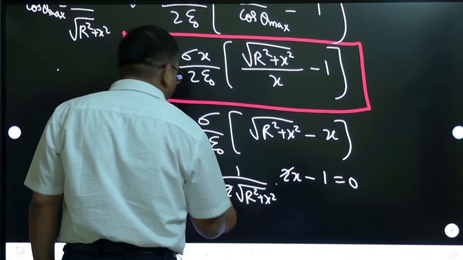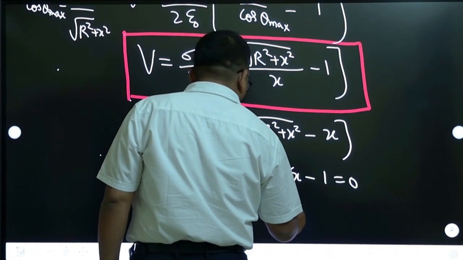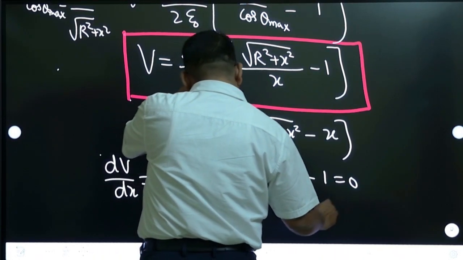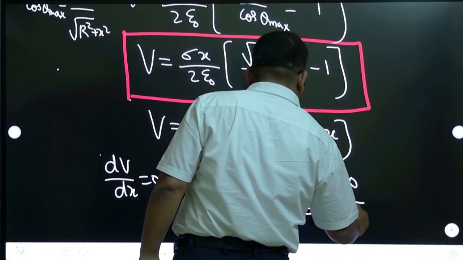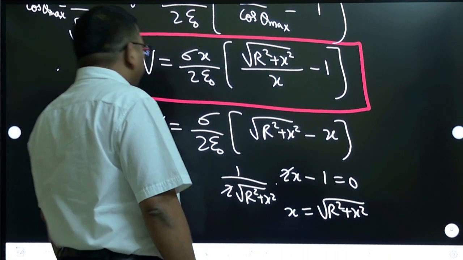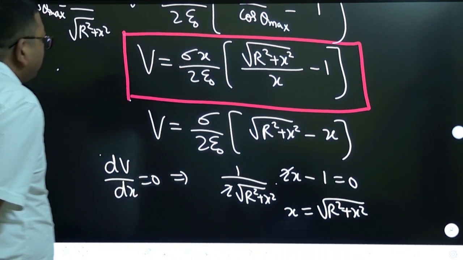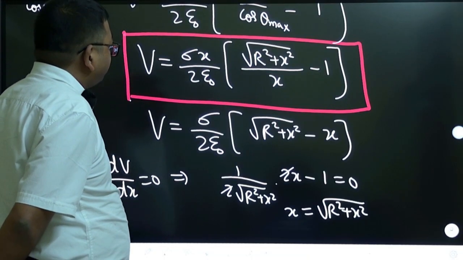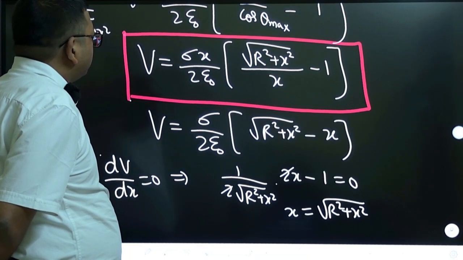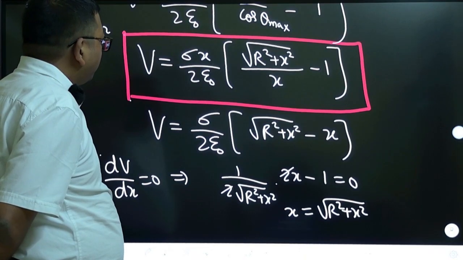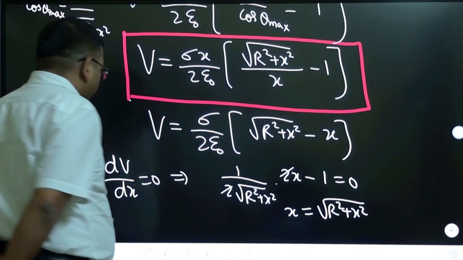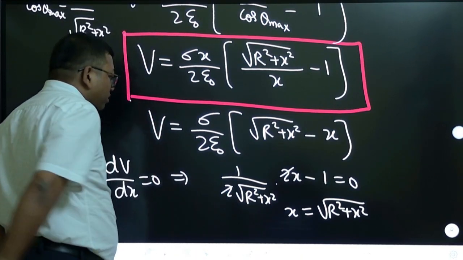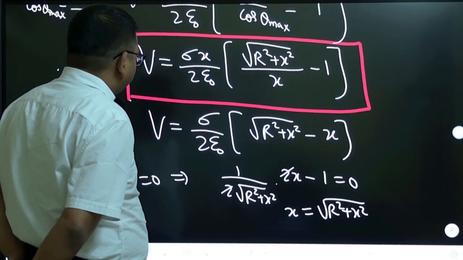So x by this is 1, so x becomes root under r square plus x square. Why are no values coming here? 1 by 2 root this, and then x square is 2x. So what will you get? This is not possible, right?